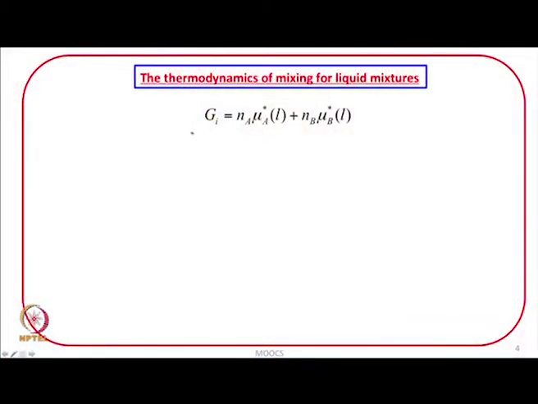This is how we have introduced the chemical potential and its connection with the Gibbs energy in the beginning. Before mixing, the initial Gibbs function will be NA times mu A star L plus NB times mu B star L. It is the same argument as we gave while discussing gases. Since I am saying that it is before mixing, both the liquids are pure and I am using star for that.